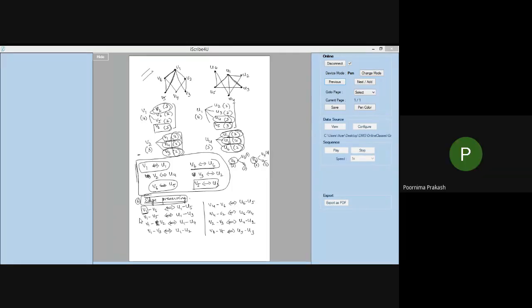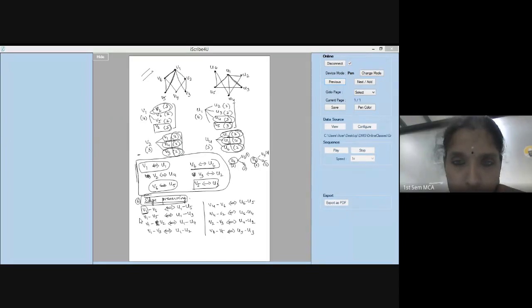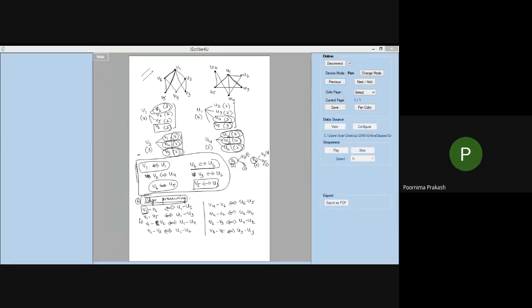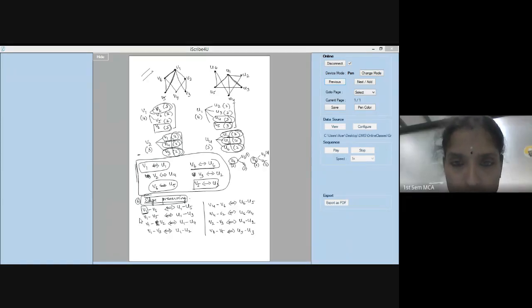Ma'am, can we take U2 also? Instead of 3, we can take the vertex U2 also, ma'am. For which one? For V5, in the vertex preserving, ma'am. For V5, what do you want to take?